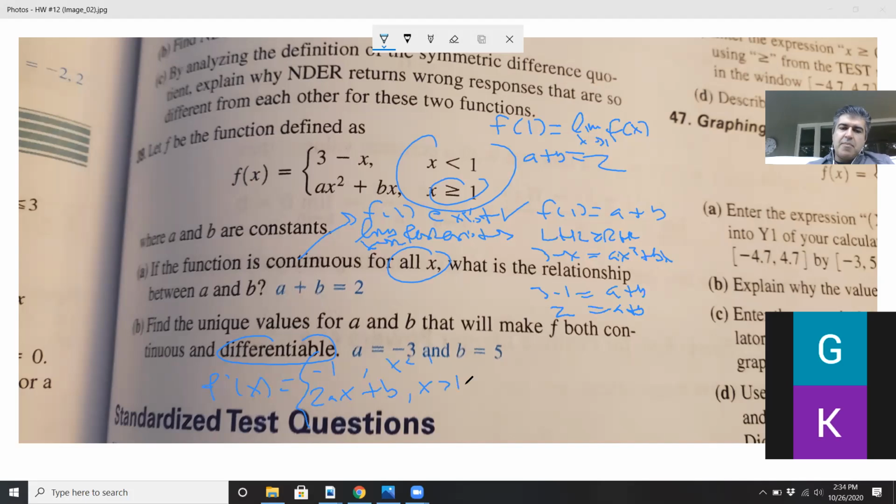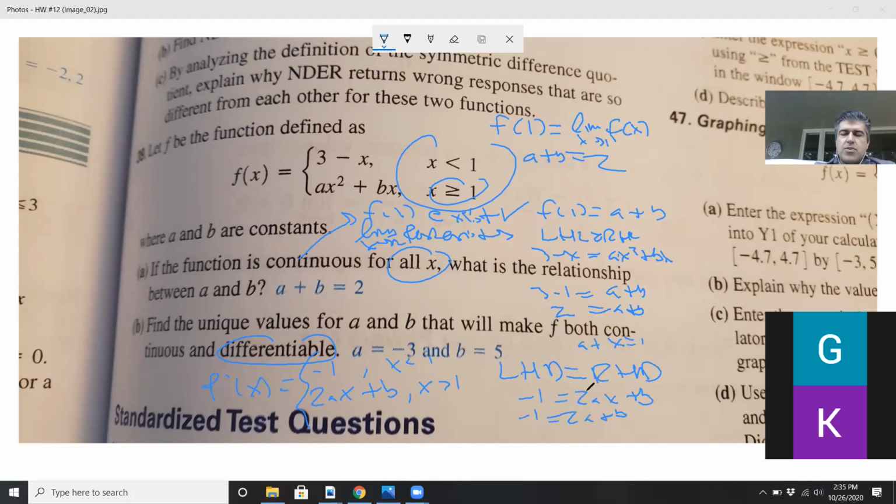And I dropped the equal sign because we're not 100% sure if this will be differentiable yet, so we have to force it to be differentiable. In order for this to be differentiable, you need the left-hand derivative to equal the right-hand derivative. So -1 equals 2ax plus b, and you're forcing x equals 1. So -1 equals 2a plus b.